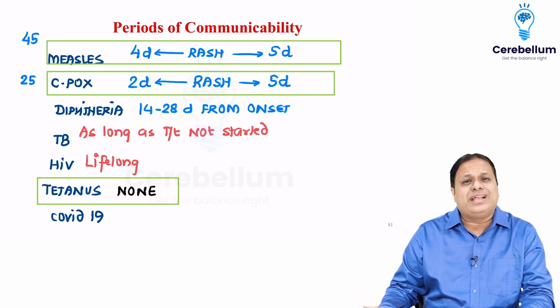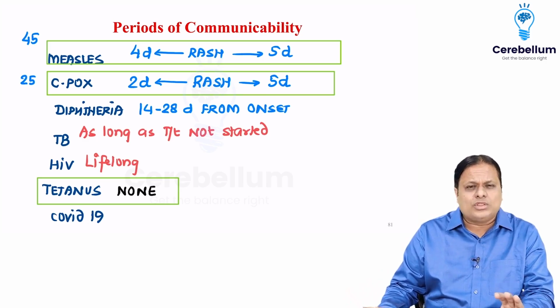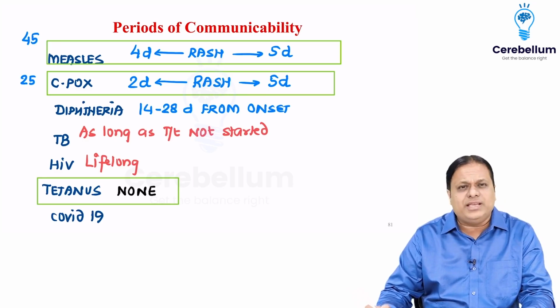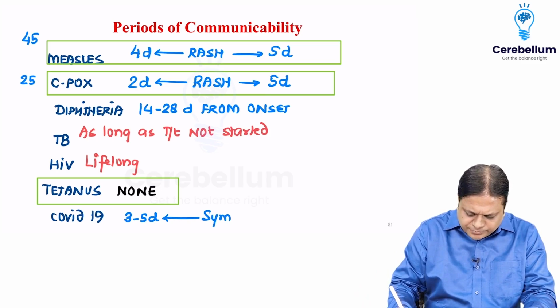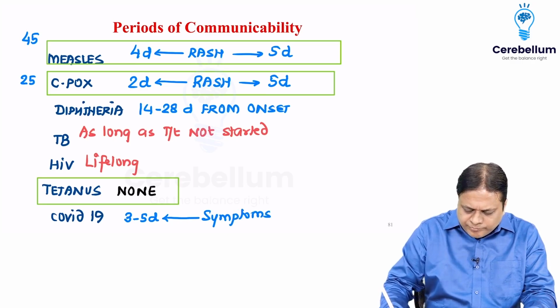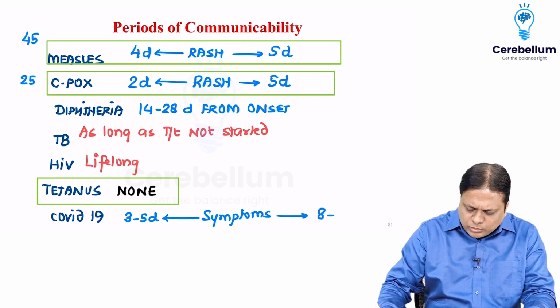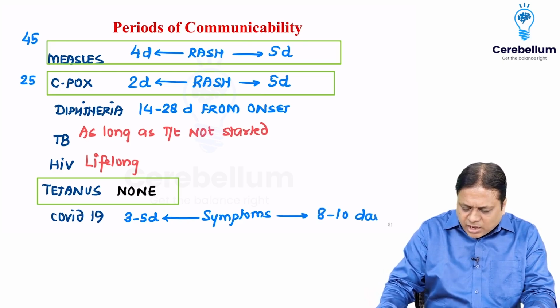When we look at COVID-19, the new disease, although it has not been fully confirmed yet, approximately the period of communicability is 3 to 5 days prior to symptoms till 8 to 10 days after that.